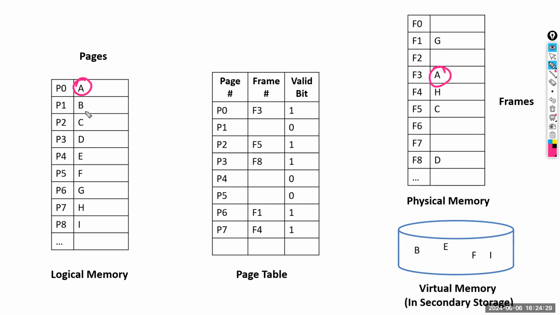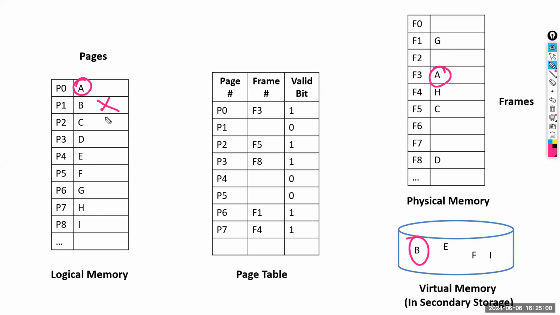But you can see that page 1 is not mapped. The content is not there. The reason is that the page you refer to in your programs as page 1 is in the virtual memory. It's not in the physical memory. So every page must be either in your physical memory or virtual memory.